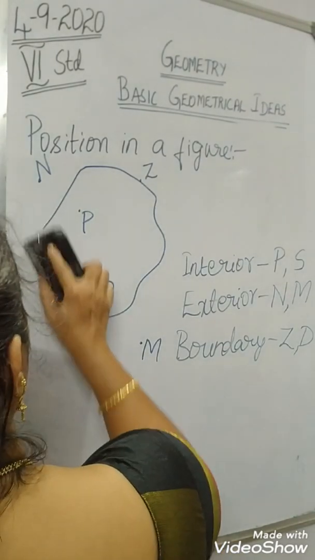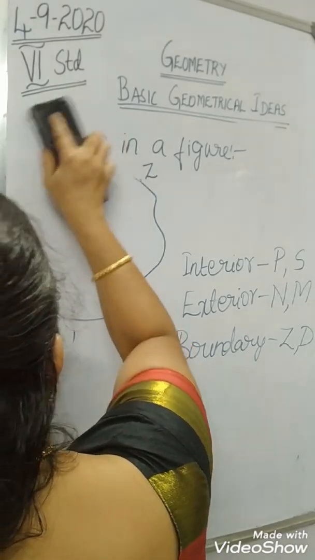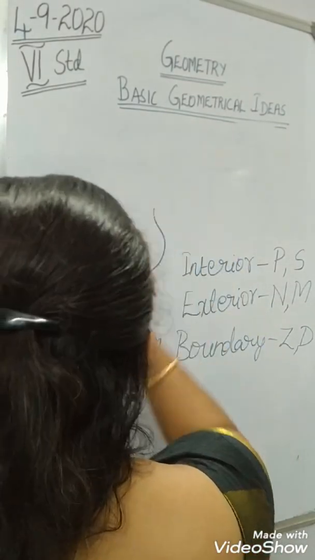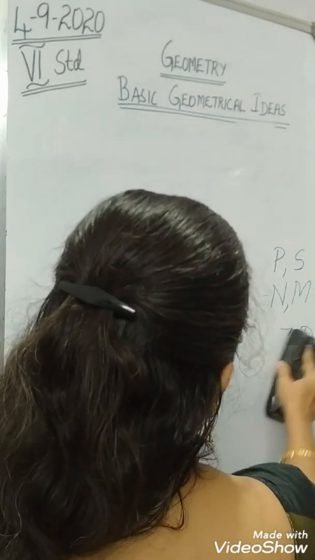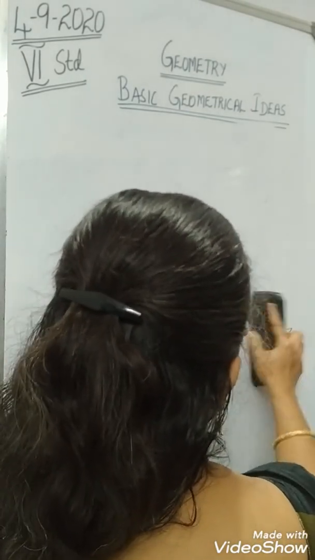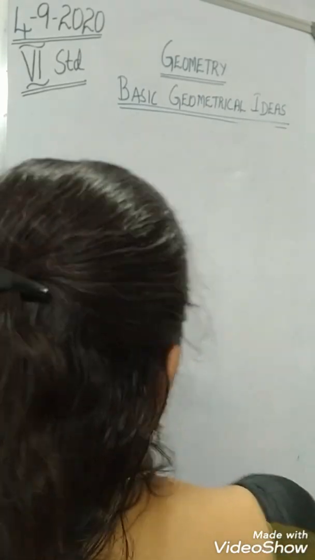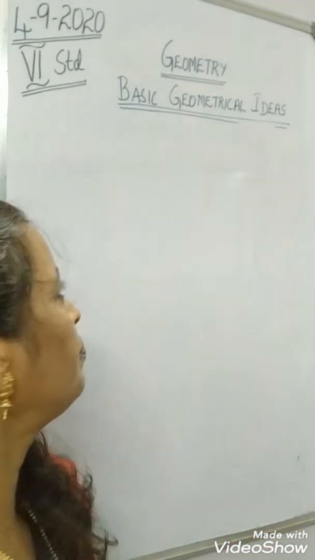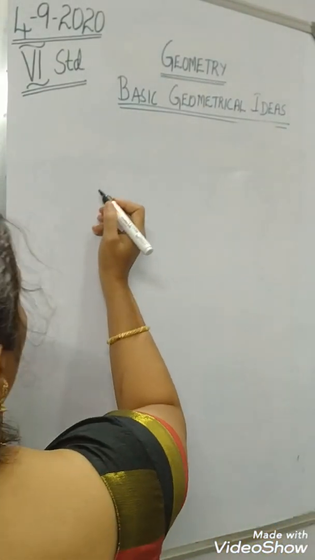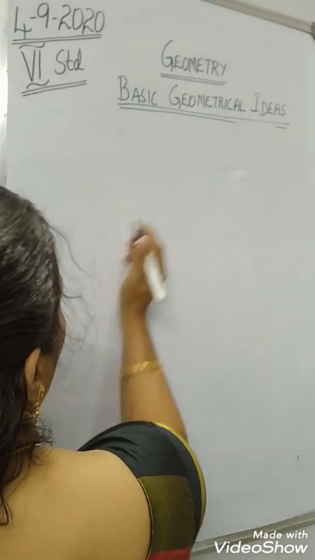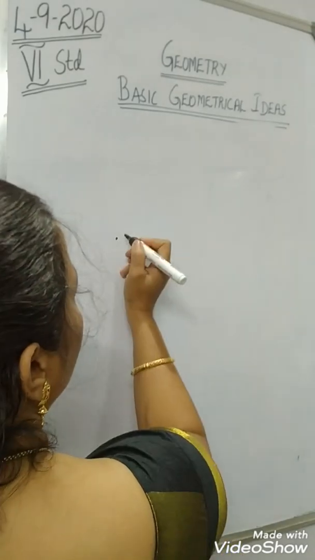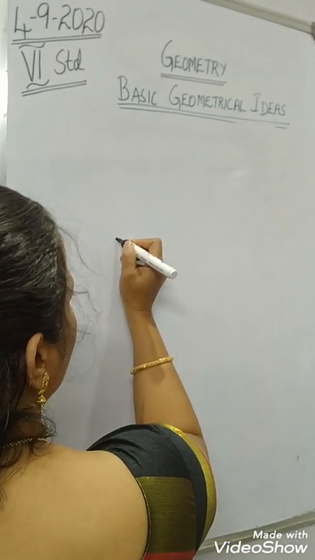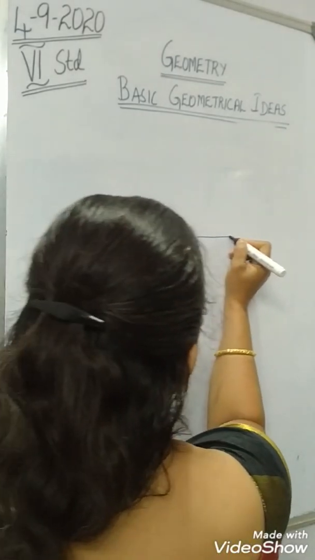Now, we'll move on to the next topic. In our previous class, we had learnt about rays. Is it or not? What do you mean by a ray? A ray has a starting point, that is initial point, and it can be extended.